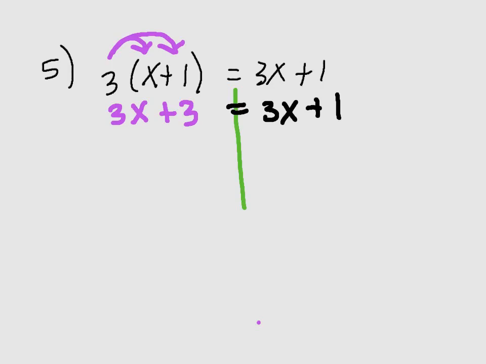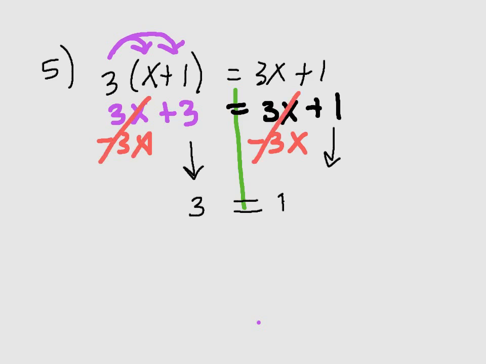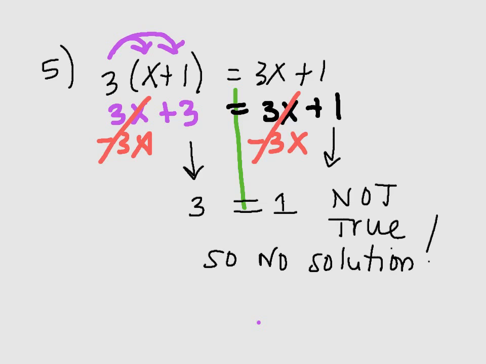So this is not an identity equation, okay? So don't be fooled. If you want to get rid of the 3x, get rid of the 3x. So you're left with 3 equals 1, which is not true, so there is no solution. Okay, so this is just a no solution problem.